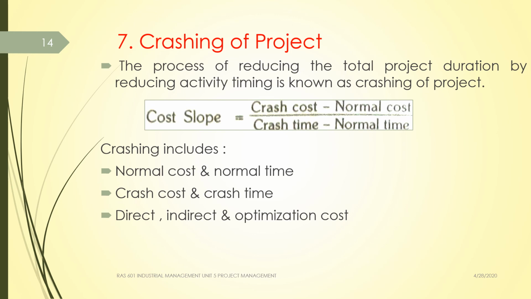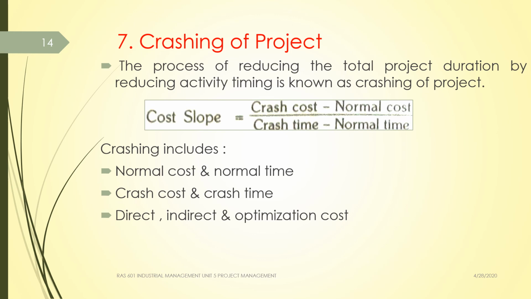In that condition, the project will not complete within the specified time, and this crashing may be in terms of cost, in terms of time, and the direct cost and indirect cost associated with the project. And so all these parameters vary as and when the project crash takes place.